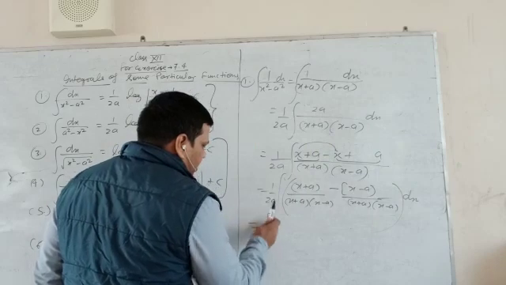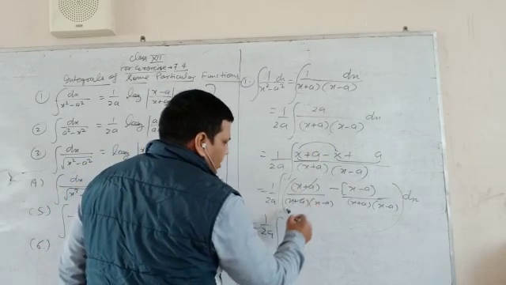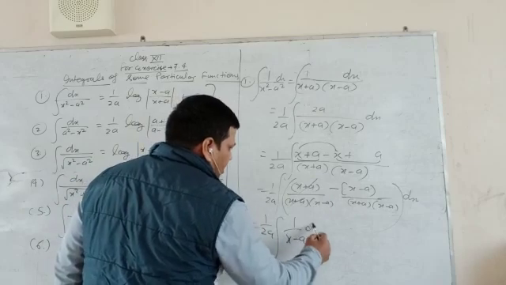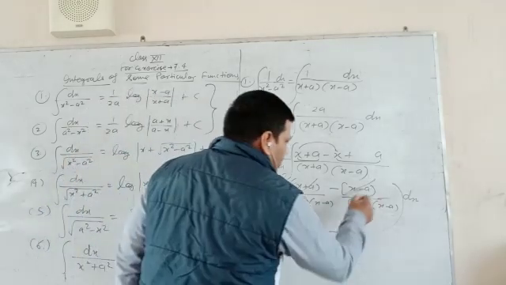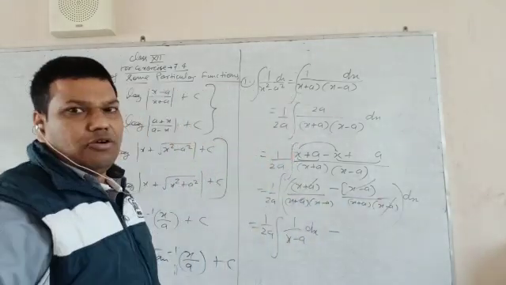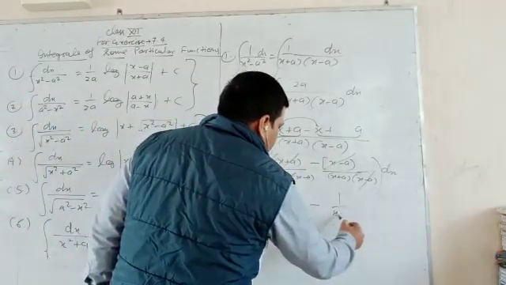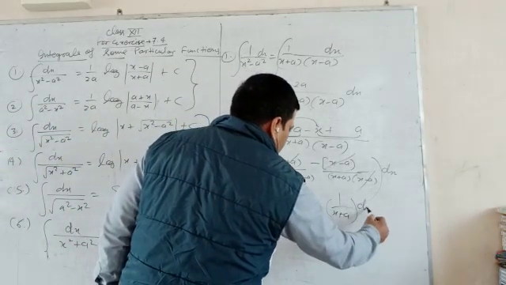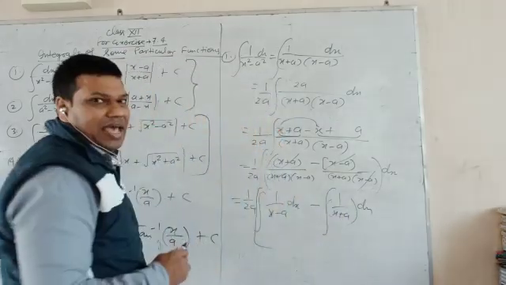Now the 1 upon 2a stays outside, and the x minus a in the denominator will cancel out, right? So we have only 1 upon x minus a minus 1 upon x plus a into dx, and now you can integrate them.